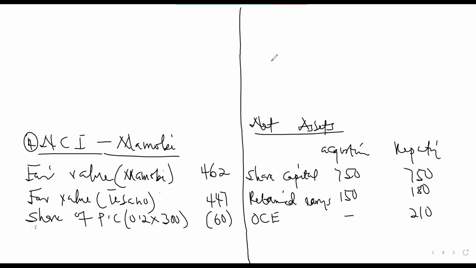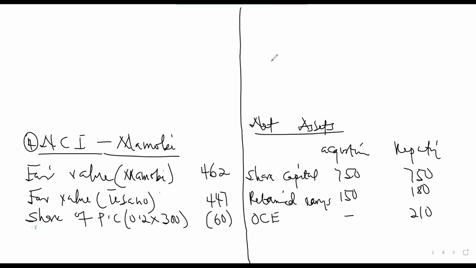We know that development cost, if the product is feasible, if management has the expertise or the resources to continue the project, they can start capitalizing that particular development cost. That is IAS 38. But they are saying that the development cost for the current year is 60 million, and this has not met the criteria. So it should be expensed for this particular year.